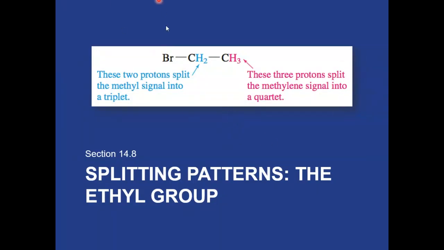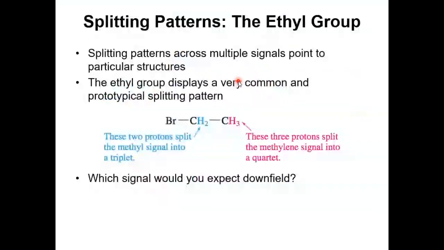So let's go through a few examples. Look at the proton NMR spectrum of this compound, ethyl bromide. First, for this compound, how many signals are you expecting?